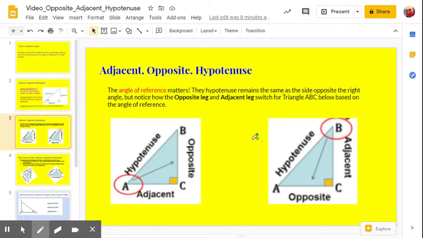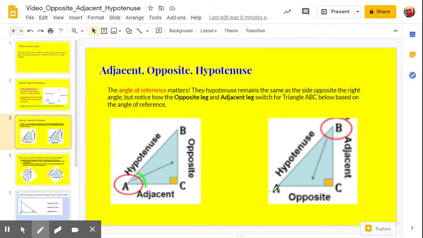The hypotenuse is the hypotenuse, but here I have triangle ABC twice. The first one on the left, we're using angle A as our angle of reference. You can see that side BC is our opposite leg, and side AC is our adjacent leg. But now look at the right triangle on the right side.